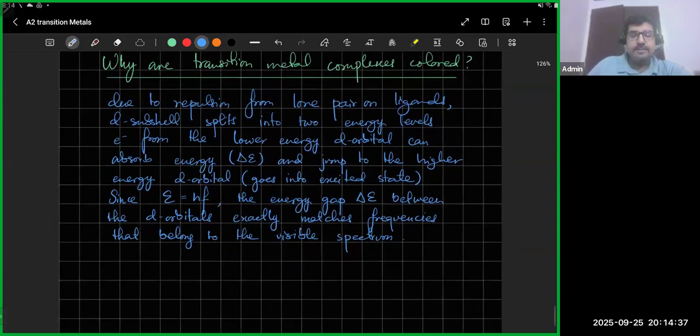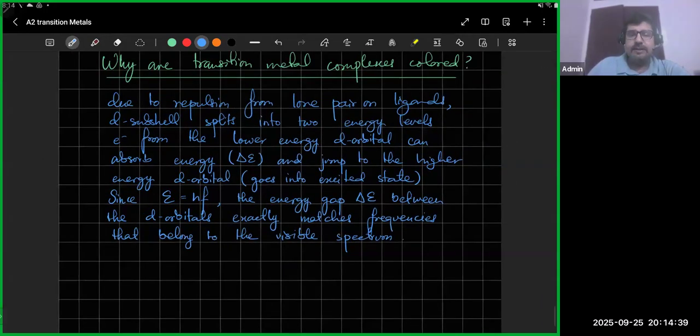So this delta E is pretty special, the energy gap that is created between the d-subshell. And so it's going to absorb frequencies that belong to the visible spectrum, and hence a complementary color is seen.